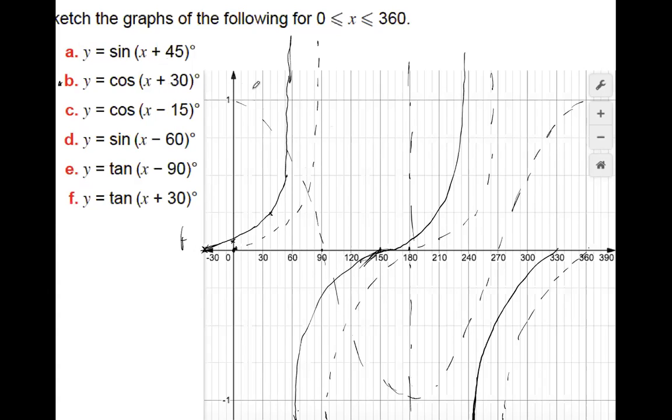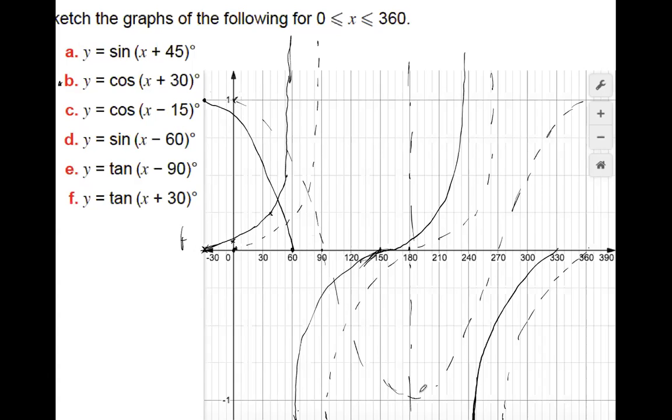Now, plus 30, I'm not moving to the right, but I'm moving to the left because it's positive. This point got moved 30 degrees to the left. That will be here. This point here, 30 to the left, is going to be here. I can put a few in between if I wanted to, but that would be the whole thing moved by 30.